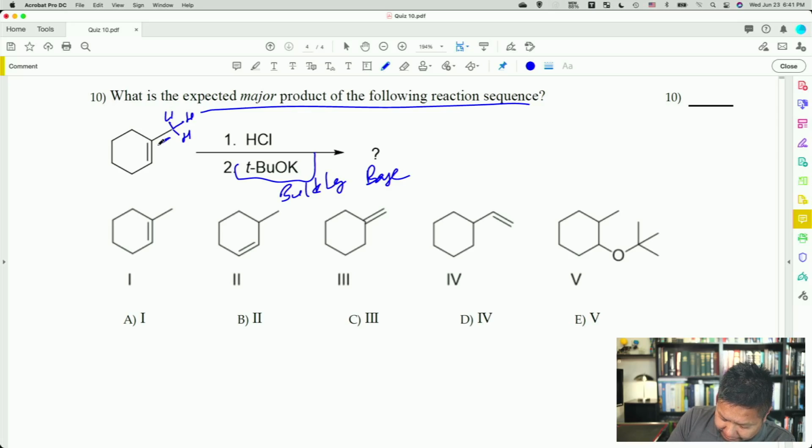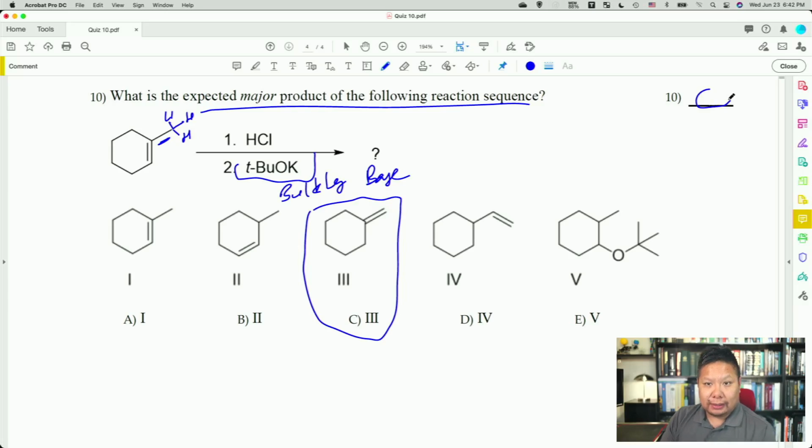So the double bond is going to end up there, okay? And that means the answer is answer 3. Good stuff, good stuff. Or, sorry, C.